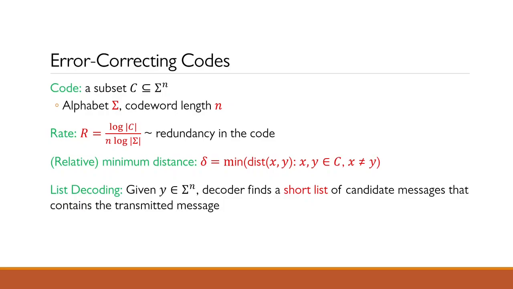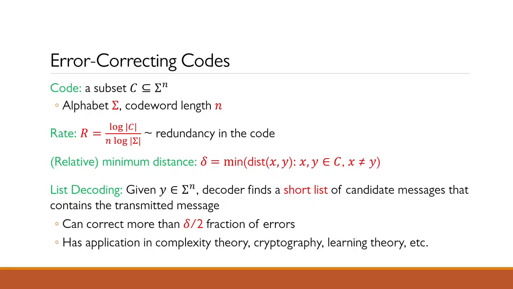And the advantage of list decoding is that by allowing the list to contain more than one message, we could correct a large fraction of errors, which may even exceed half of the minimum distance. And this property turns out to be very useful in theoretical computer science and has found applications in complexity theory, cryptography, coding theory, etc.